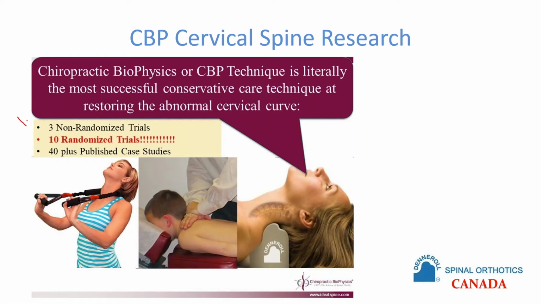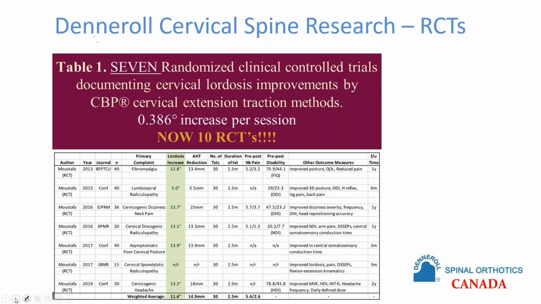When we're talking about just the cervical spine, there are 53 papers supporting the normal cervical curve and the restoration of that cervical curve using different types of chiropractic methods with traction. And in our case, we're specifically talking about Dender Rules, so we have 10 specific randomized clinical control trials that support what we do in practice as chiropractors, right?